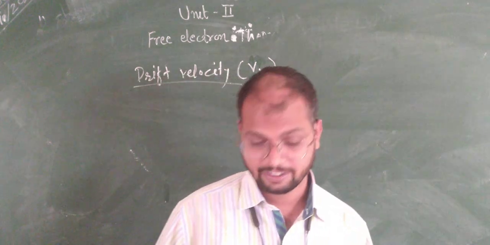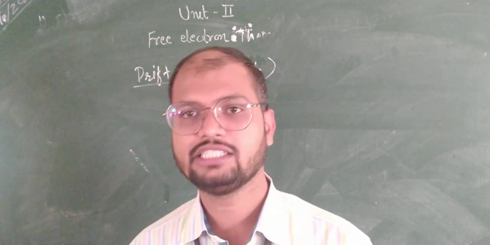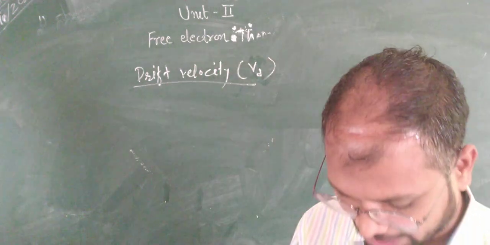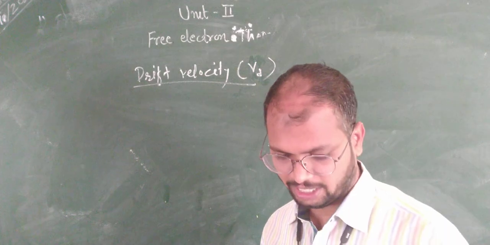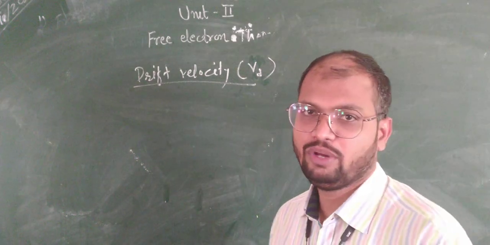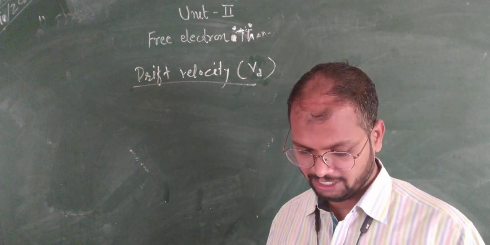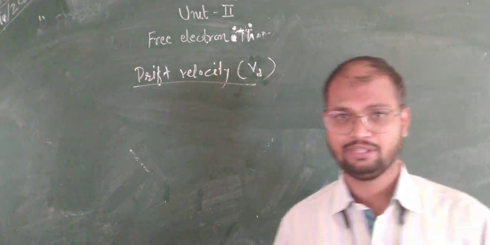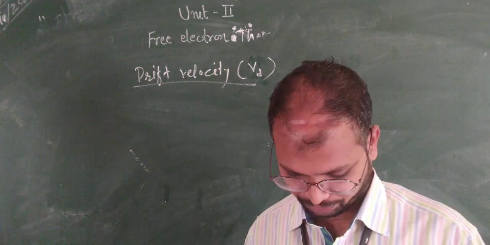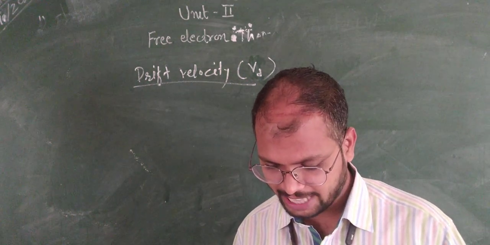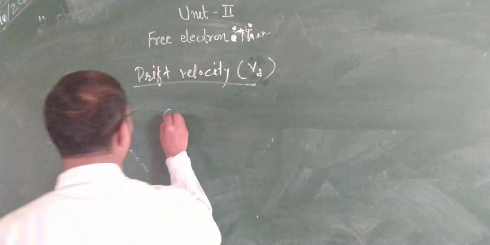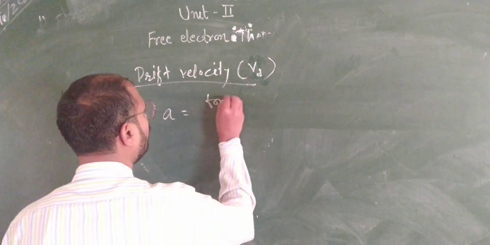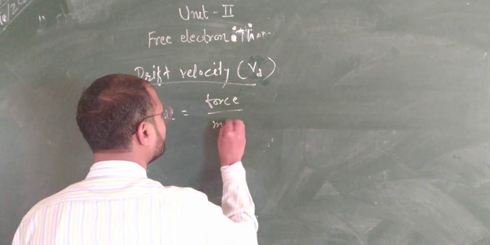When an electric field E is applied to the metal, motion of the electron is modified, and the electrons acquire an acceleration.